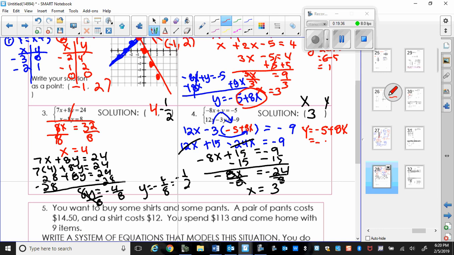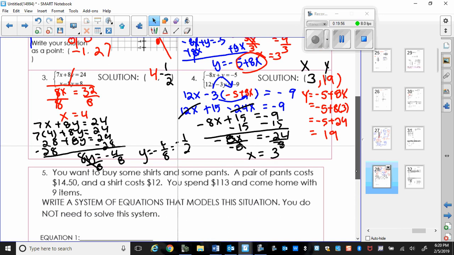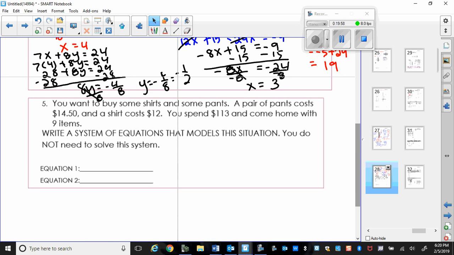This equals negative 5 plus 8 times 3, or negative 5 plus 24, which is 19. That is a big number. You shouldn't get any fractions. Well, there's going to be one, but not a lot of fractions for coordinate answers on your test.